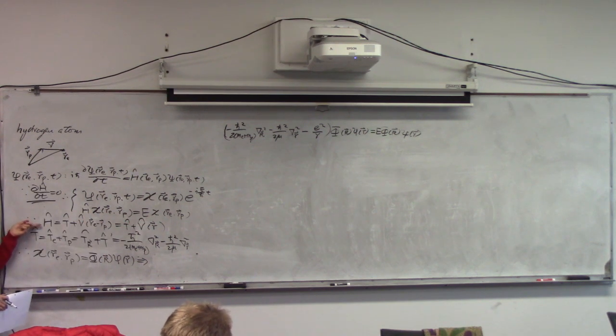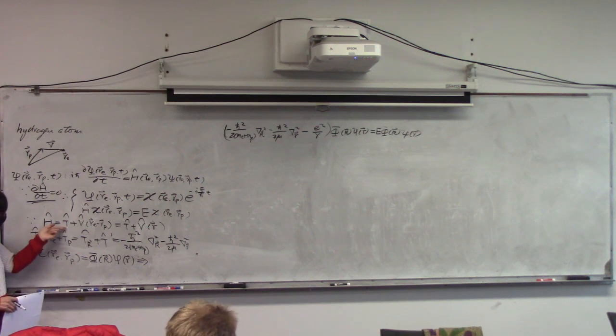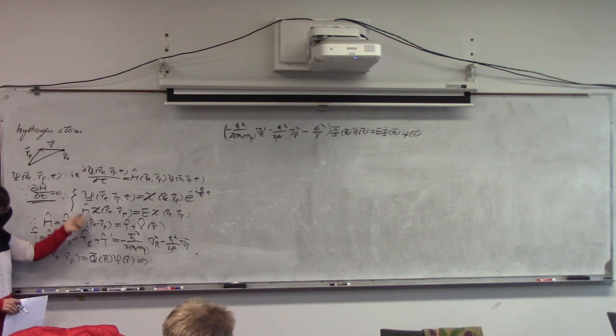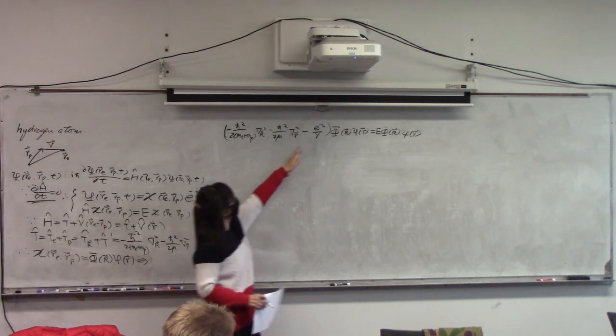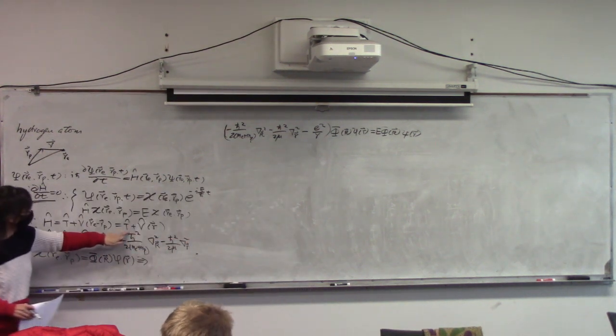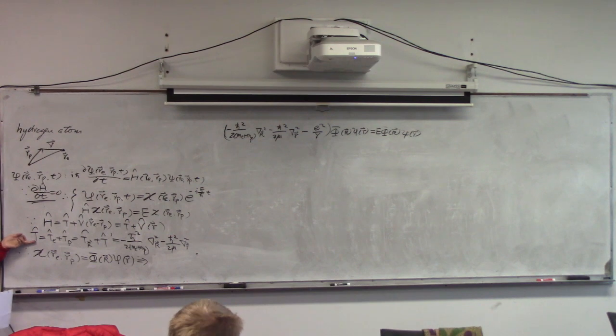We analyze this Hamiltonian as the total kinetic energy operator plus potential. The potential we know is the Coulomb potential, right? That is this term. But the total kinetic energy operator should be two terms, the kinetic energy operator for the electron and for the proton.